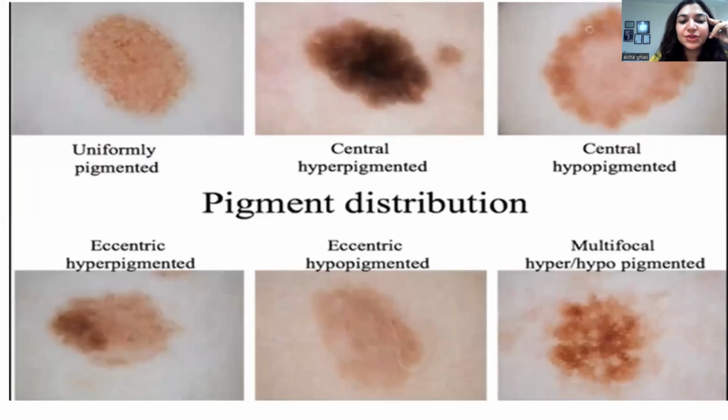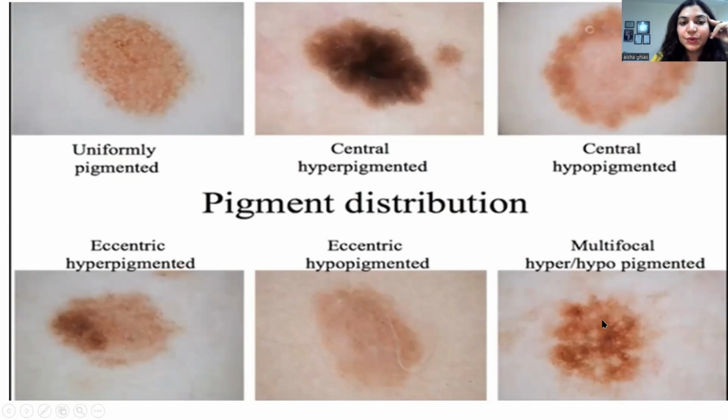The second one is based on the pigment distribution. Very easy. Uniformly pigmented nevus, or centrally hyperpigmented, or centrally hypopigmented, or eccentrically hyperpigmented, or eccentrically hypopigmented, as you can see, and then multifocal hyper and hypopigmented.